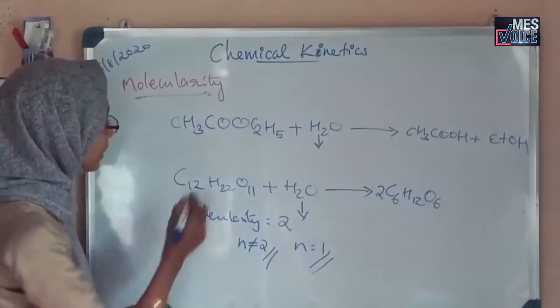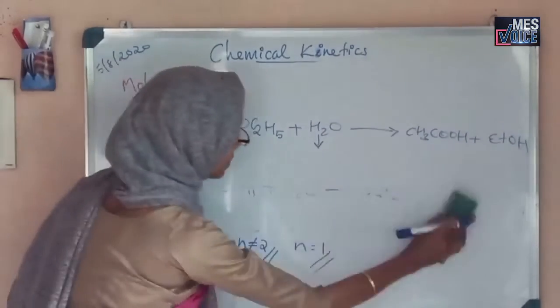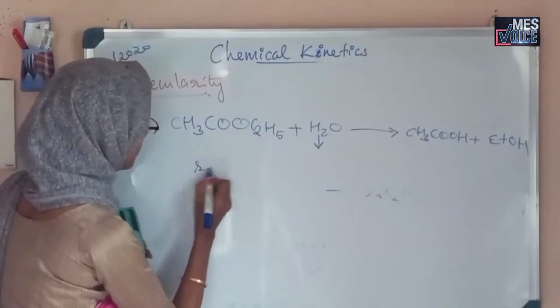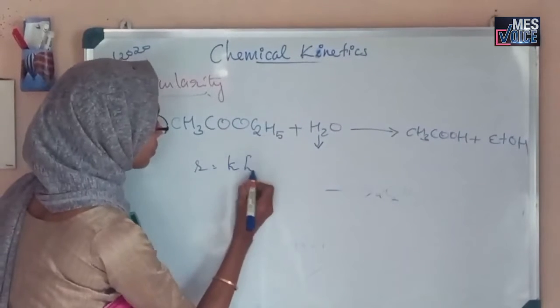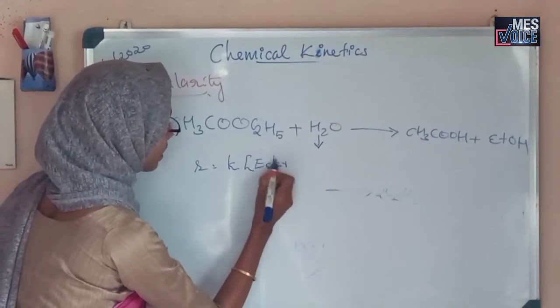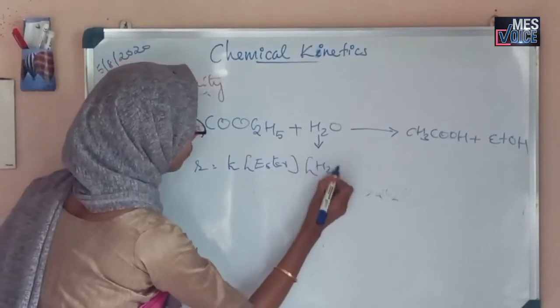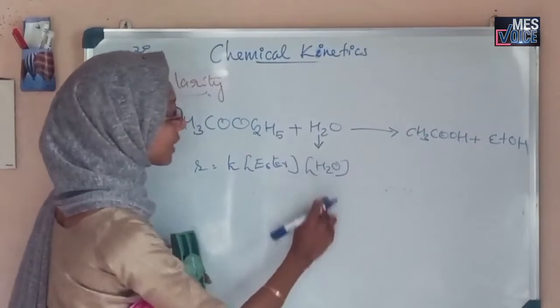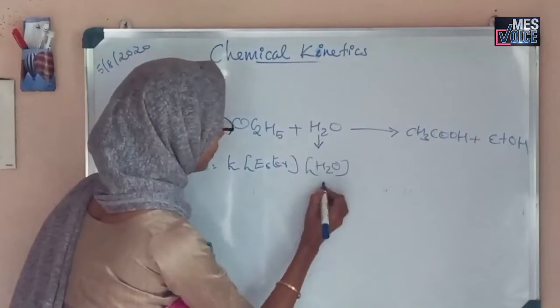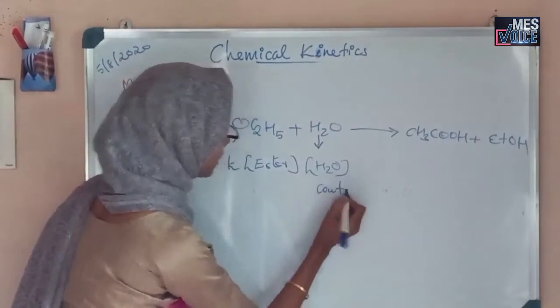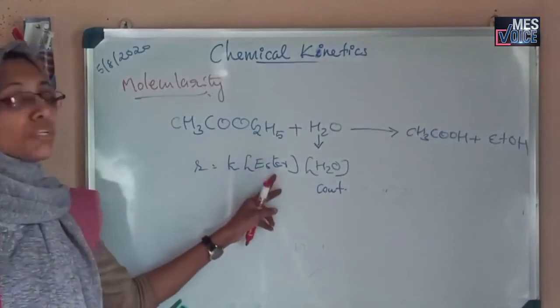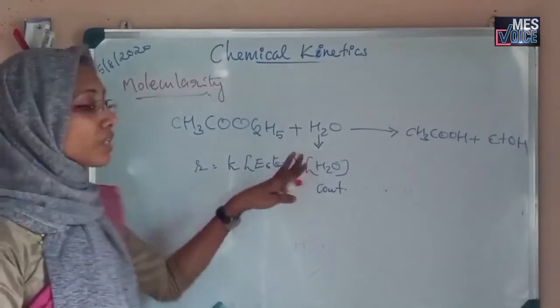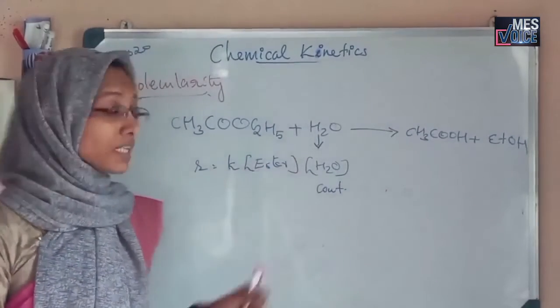We know that the rate of the reaction is expressed as R is equal to K into concentration of ester into concentration of water. Here water is taken in large excess, so it is always a constant. Compared to the changing concentration of ester, the change in concentration of water is negligible.